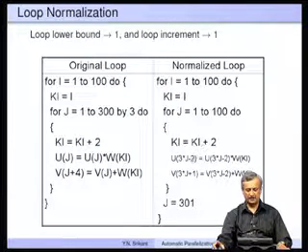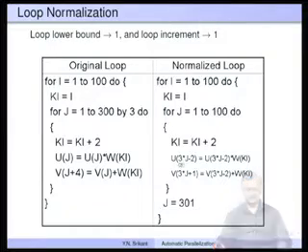Then for j equal to 2, j equal to 1 and then plus 3, j equal to 4. So, u of 4 equal to u of 4 plus into w of k i etcetera. So, we must jump j by 3. So, the way of doing it is multiply j by 3 and then subtract 2.